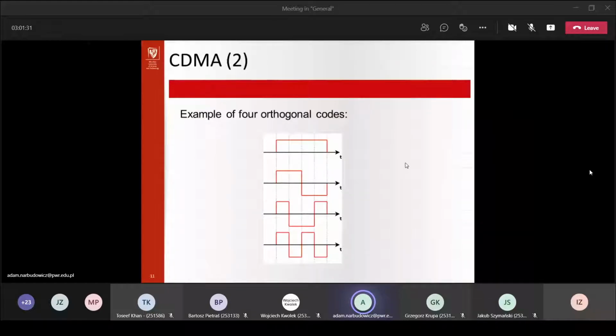What it will produce is cancellation of all the signals with orthogonal codes other than the one intended for the user. In that way the receiver can extract the signal intended for themselves while removing all of the communication intended for other receivers.